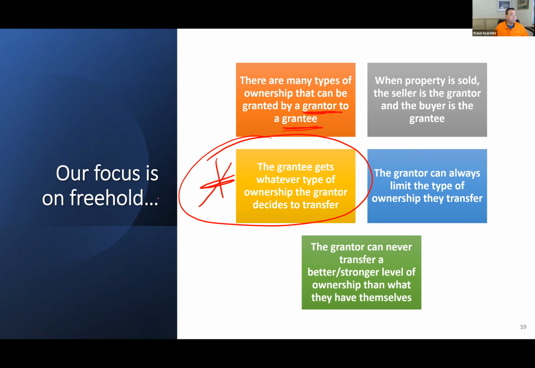Here's what I want you to understand though. The one choice the grantor cannot make. Look at what's down there in the green right there. Look at this statement right here. The grantor can never upgrade you. Remember, this grantor has not owned this property since the beginning of time.